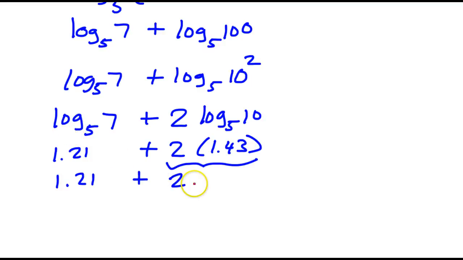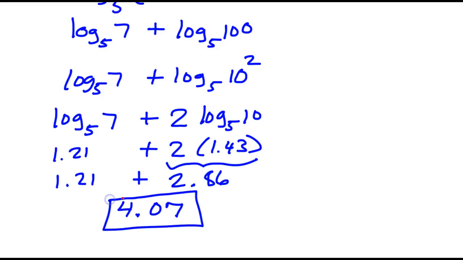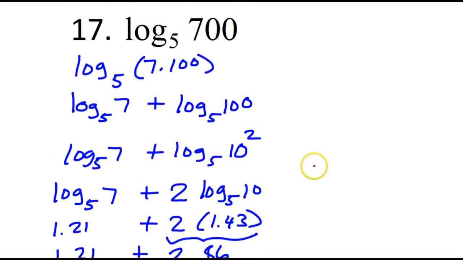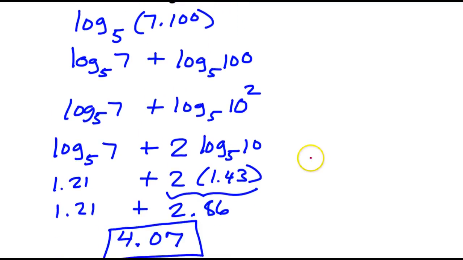I knew that. Now we're going to add these together, and that is going to be my final answer. That's going to be 4.07. And that is how it is done. So that's the final answer for number 17.